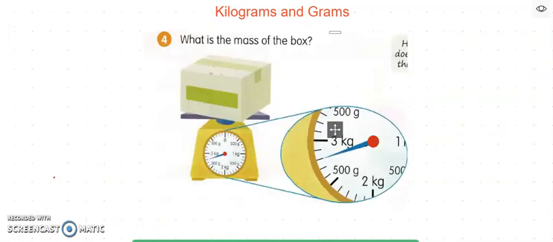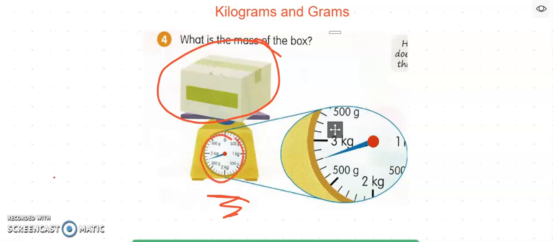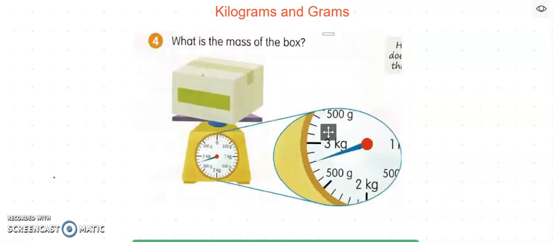Let's take another example. The question says, what is the mass of the box? We have a box here on a scale, and the reading of the scale is this. Okay? As we see here, the scale is divided into 500 grams, after that 1 kilogram, then between the 1 kilo and 2 kilo we have 500 grams, right?